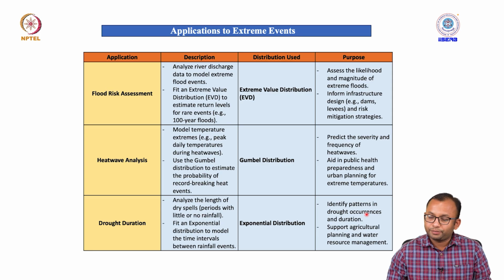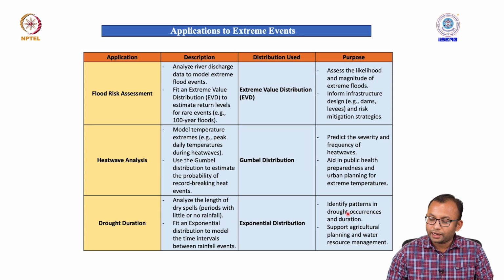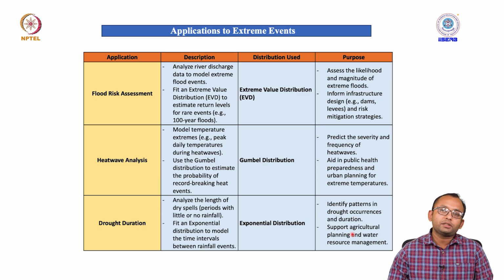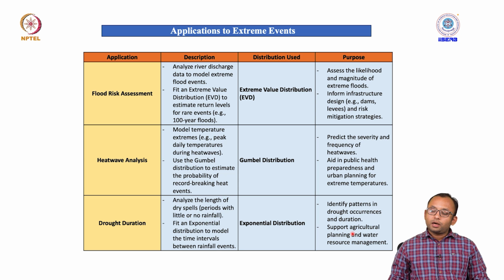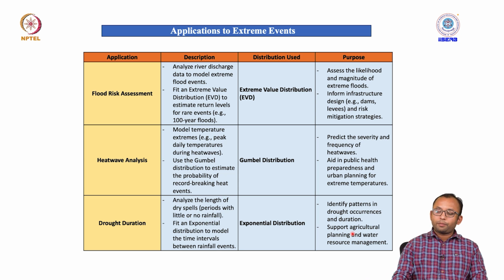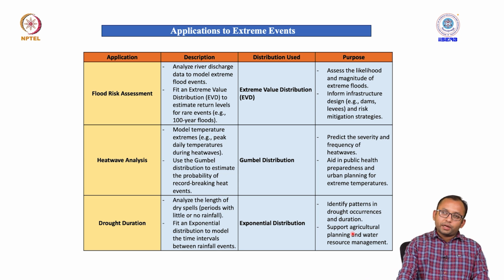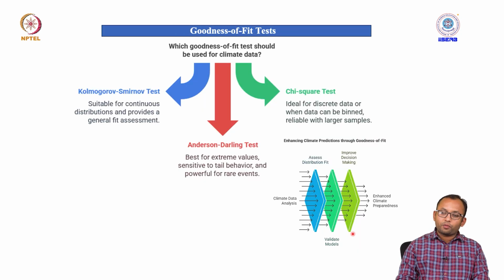Once the model has been fitted, we can identify the pattern of drought occurrences and duration, and based on that frequency and magnitude analysis we can suggest agricultural planning and water resource management during the drought conditions, like that.